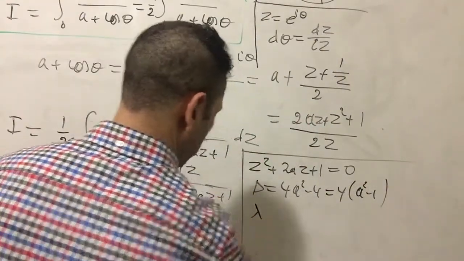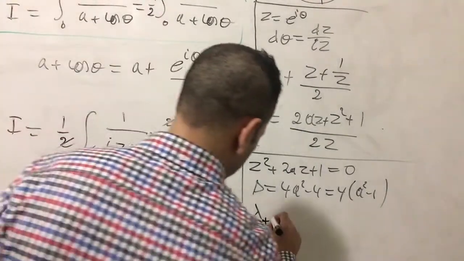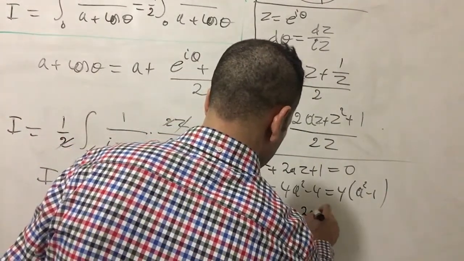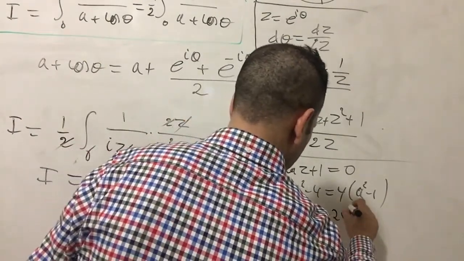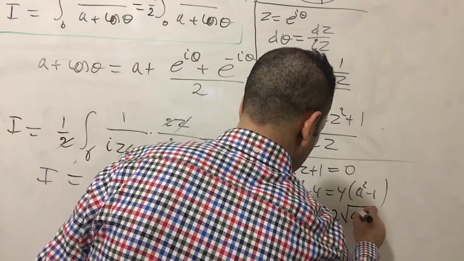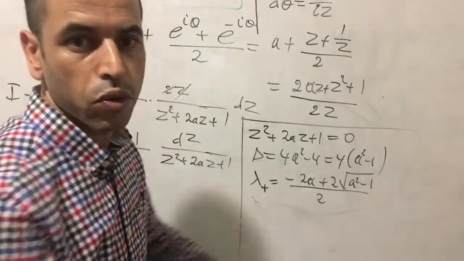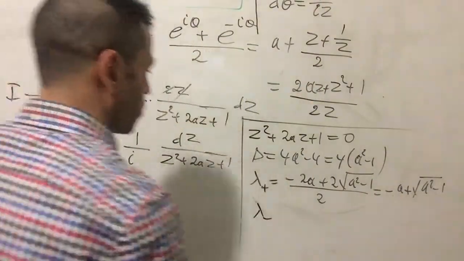Let's call these poles lambda plus, equal to minus b, which is minus 2a, plus the square root of delta, which is 2 multiplied by the square root of a squared minus 1, over 2. So I'm going to simplify this one. I'm going to calculate the second pole, which is lambda minus.